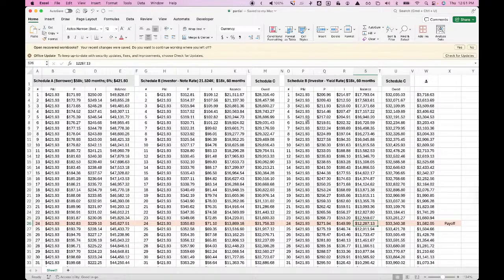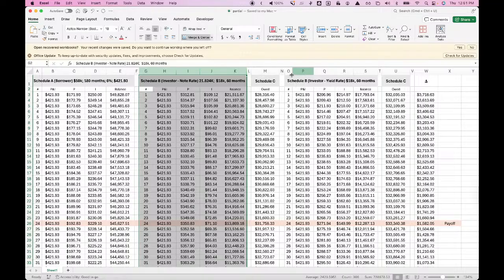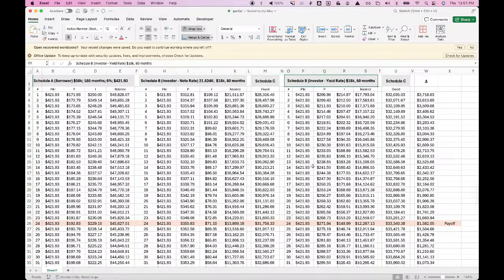So instead of the note rate, we're concerned about the yield rate. If the seller comes back and says, hey, I came into a windfall of money, I want to pay you off, their payoff is going to be $45,000. Your payoff is going to be $12,287 because it's calculated at a much steeper yield.